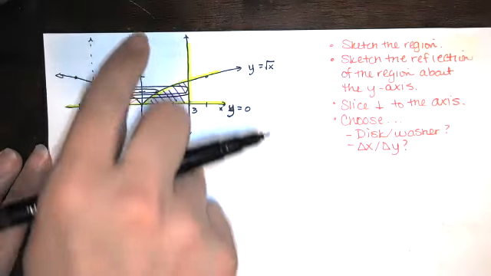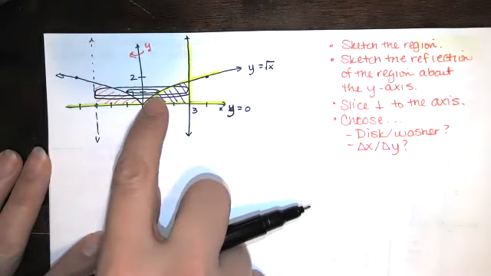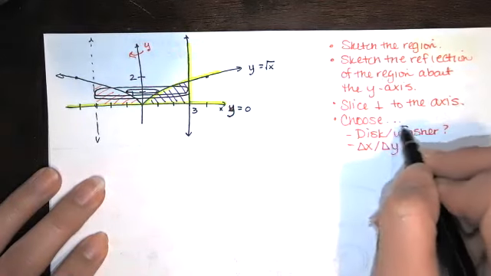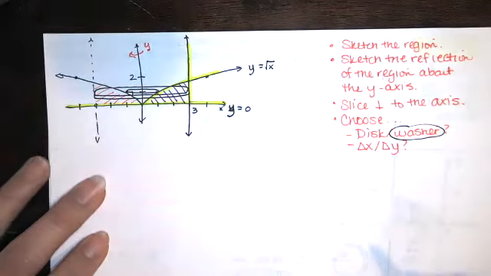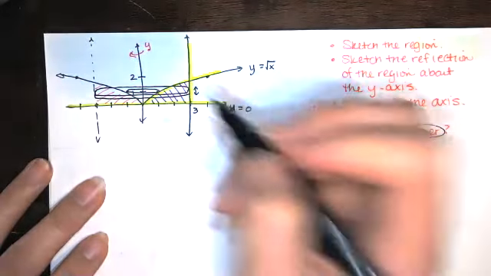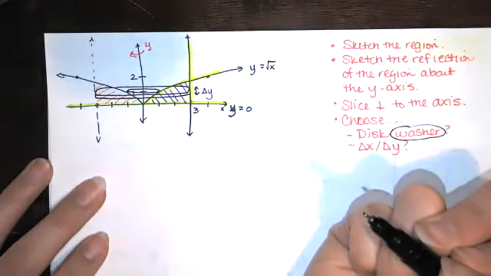And there's a gap between our axis and our region. So that means we are looking at washers rather than discs. And the thickness of our washer is a tiny vertical distance. So we're going to integrate with respect to y.